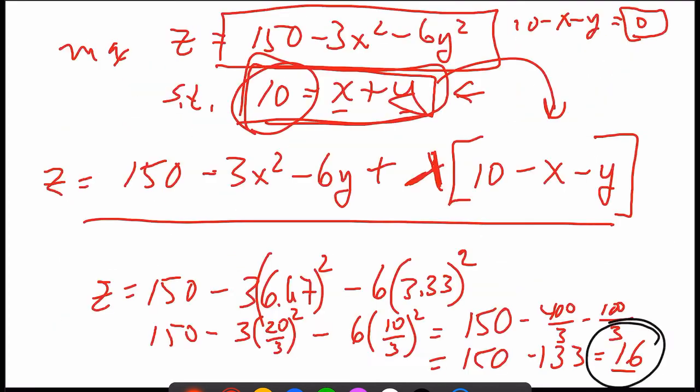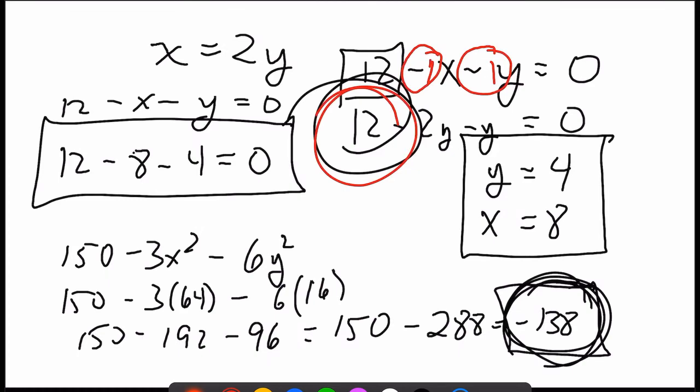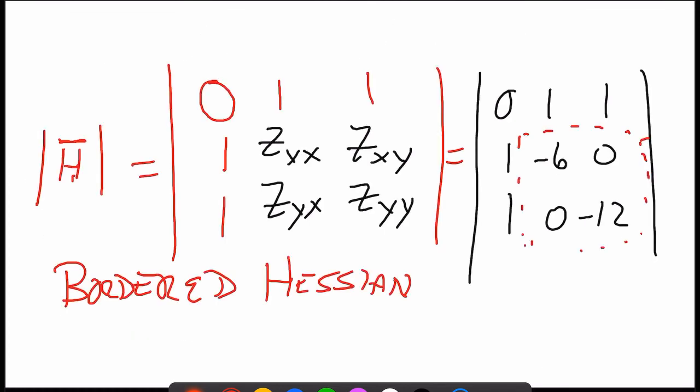Now we're doing it with the constraint. Are we excited by that?